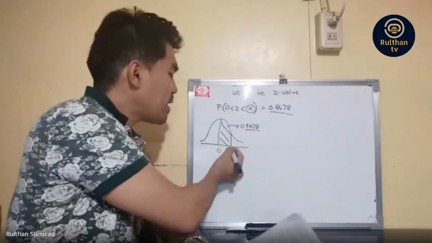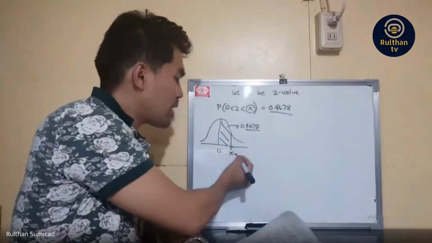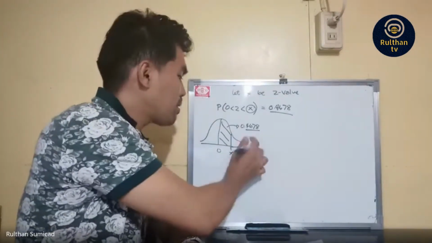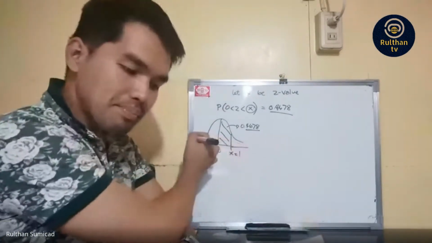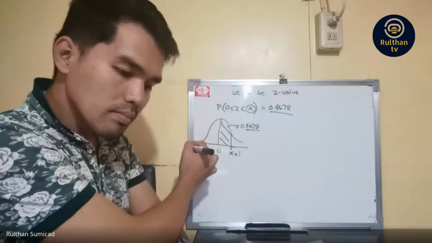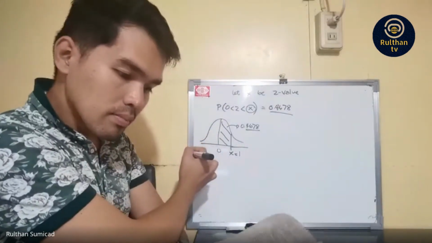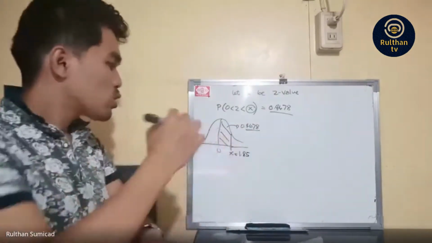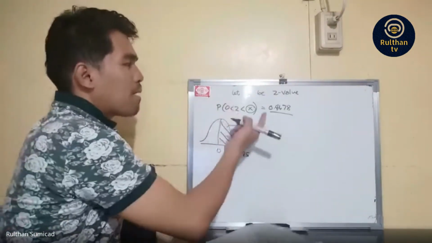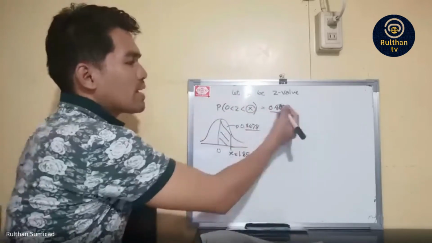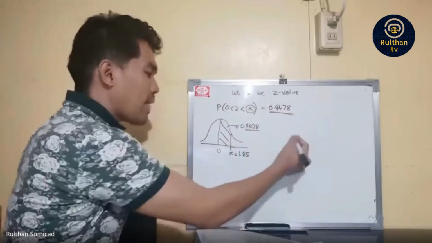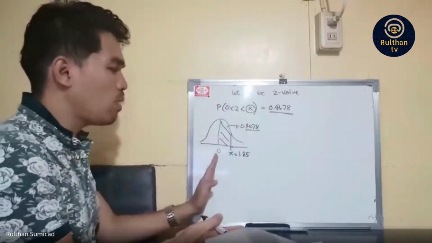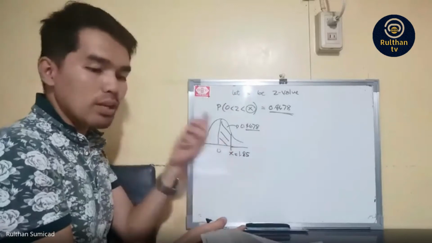This point up until here, the x value here, is equivalent to 1.85. So meaning to say, the probability distribution of 0 to x is 0.4678, then that is exactly referring to a z-score from 0 up until 1.85 using the table.